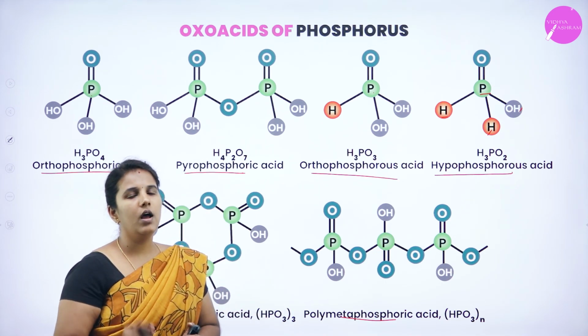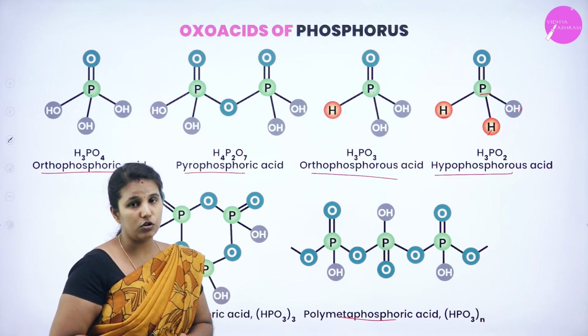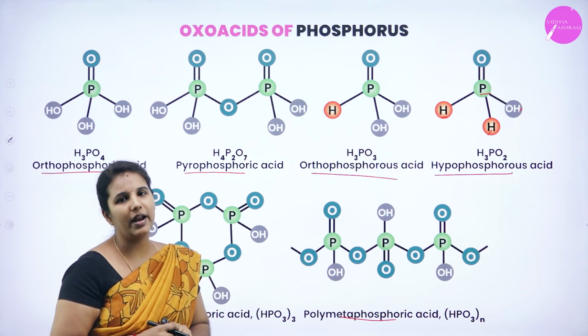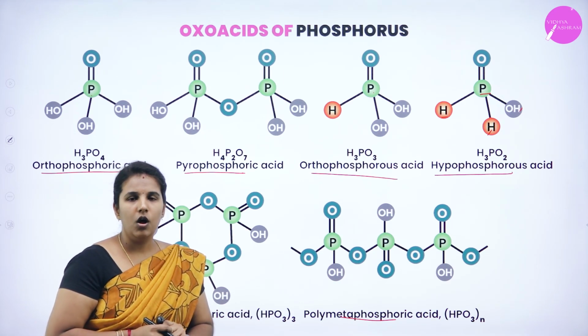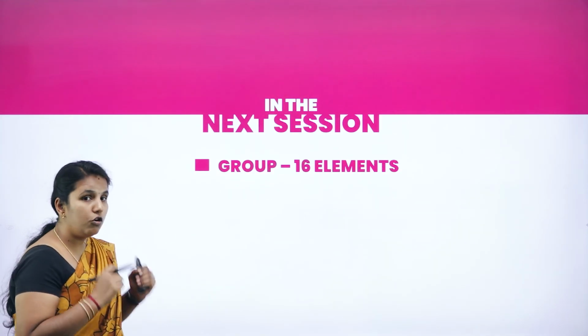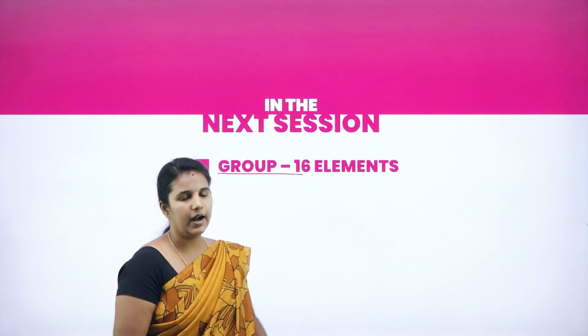So this is how we can easily understand how these oxoacids of phosphorus look. In the examination, definitely any one of the questions can be asked to write about the structure of these oxoacids of phosphorus.